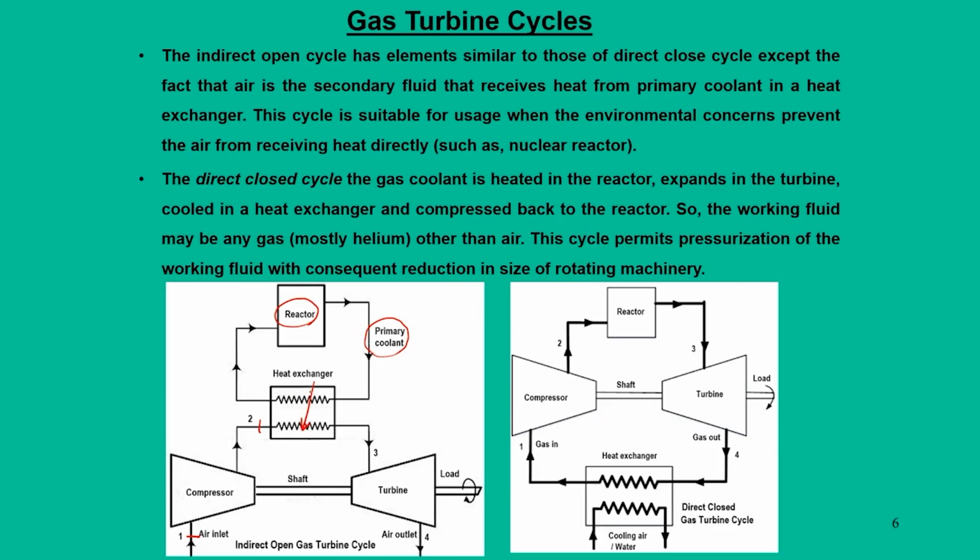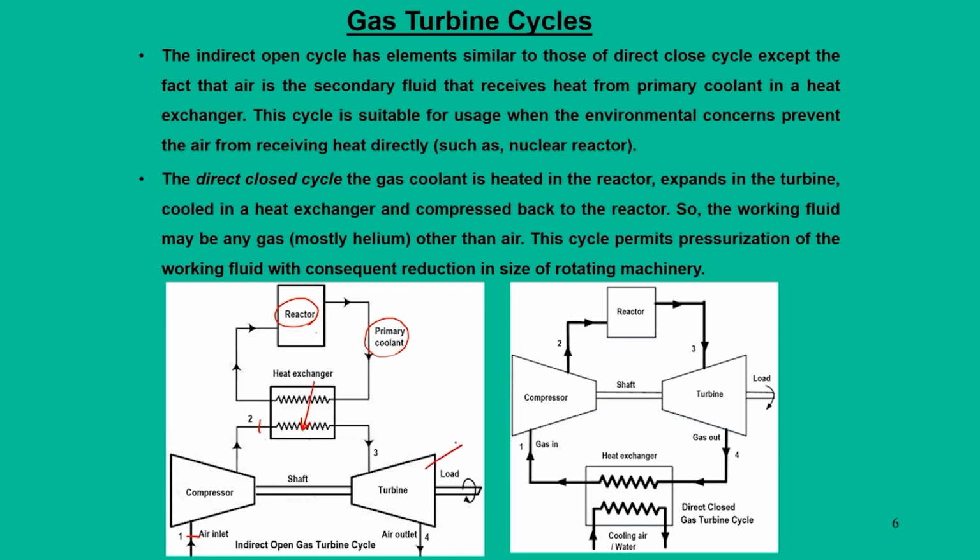Now, instead of the air getting combusted, it takes heat from another medium or working fluid, which we normally call the secondary fluid or coolant for this cycle, and there it only takes the heat. Thereby it becomes high pressure and high temperature air, and that enters the turbine, then expands.